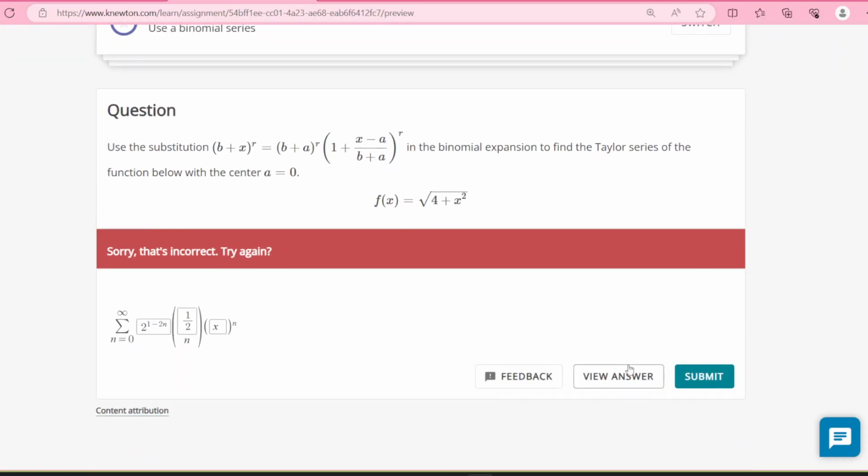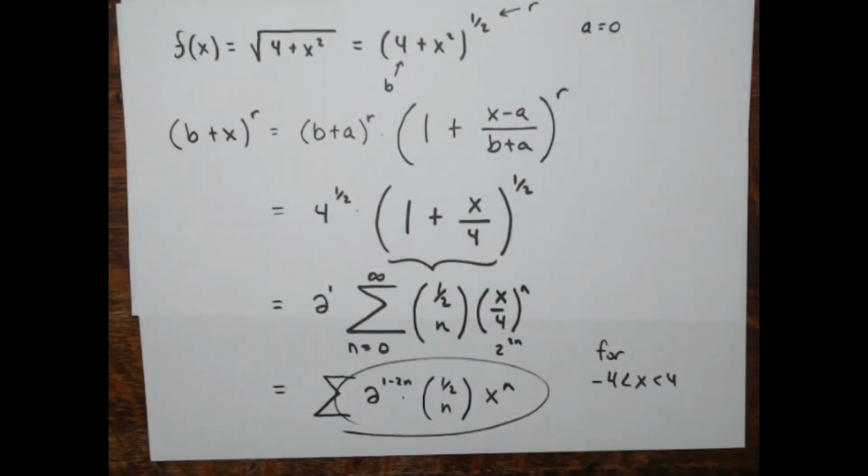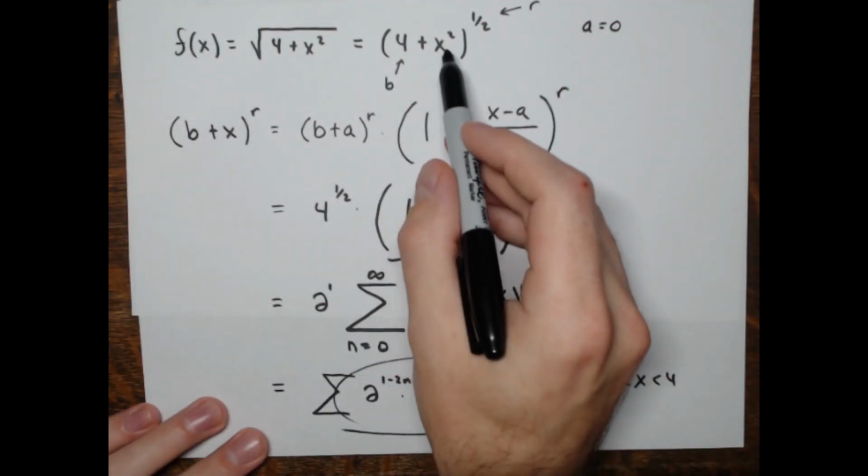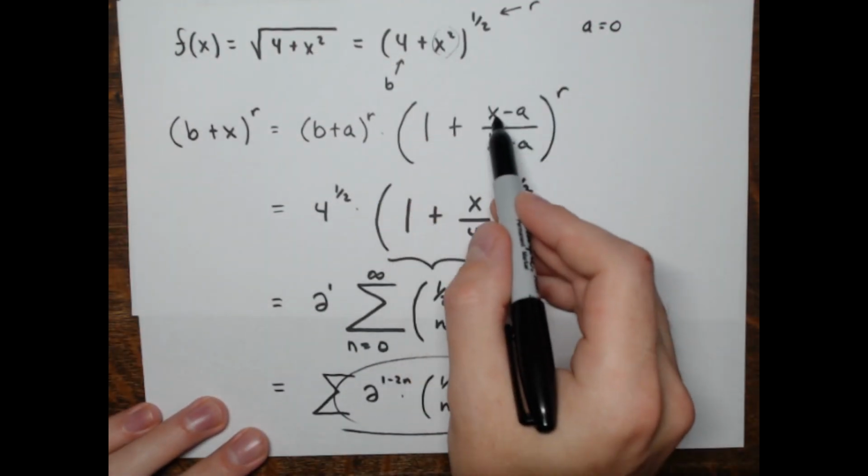What did I mess up? Okay, let me just double check here. B was 4. R was a half, right? Square root. Oh, the function's 4 plus x squared. I'm sorry. It's 4 plus x squared. So x squared replaces the x.